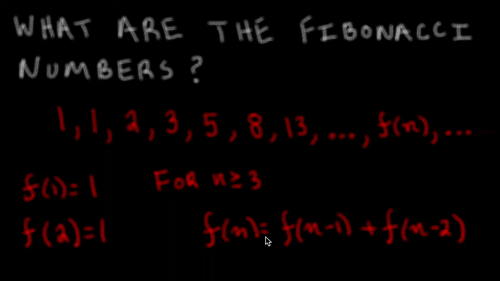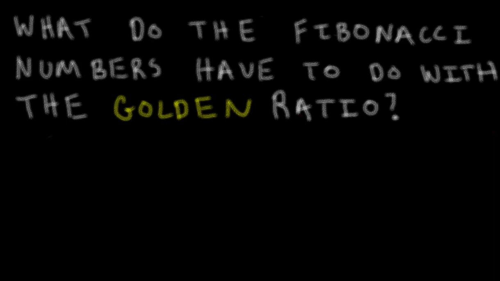So now let's think about what the Fibonacci numbers have to do with the golden ratio. So here's the central question. What do the Fibonacci numbers have to do with the golden ratio? Well, the answer is really simple, and it comes by looking at the quadratic equation, one of whose solutions gave us the golden ratio.